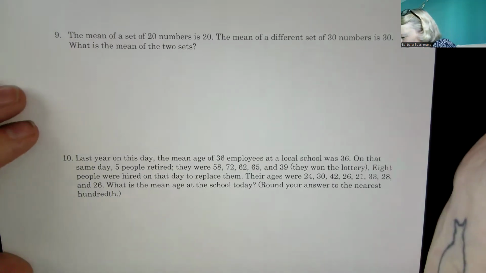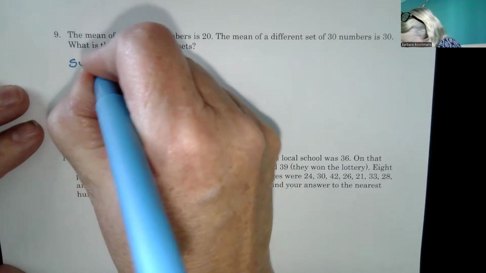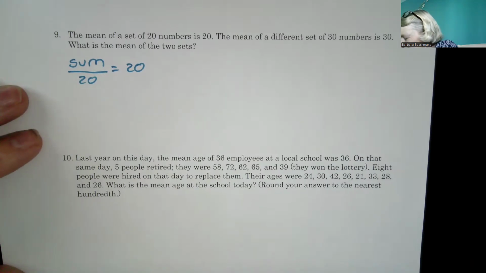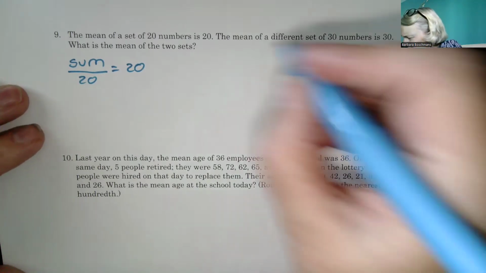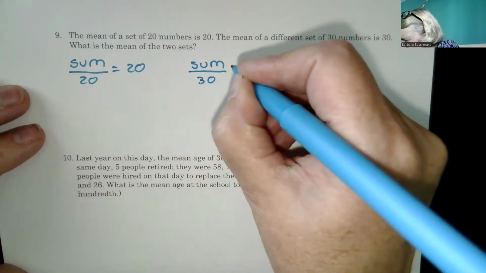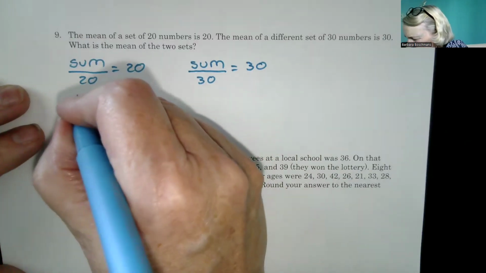Number 9, the mean of a set of 20 numbers is 20. Sum divided by 20 is 20. The mean of a different set of 30 numbers is 30. Sum divided by 30 is 30. What is the mean of the 2 sets?